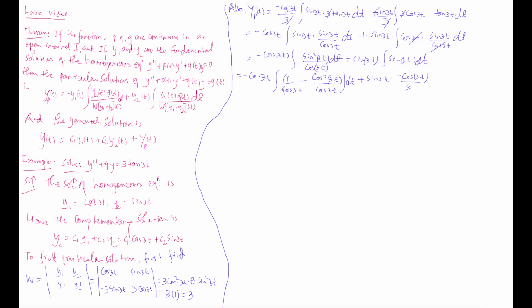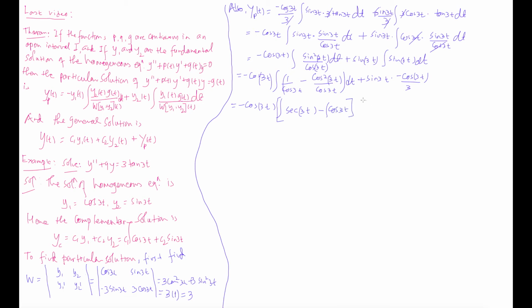So how do I find the integral here is negative cosine 3t, right? This is basically secant 3t minus, let us find out the integral separately, cosine 3t, right?